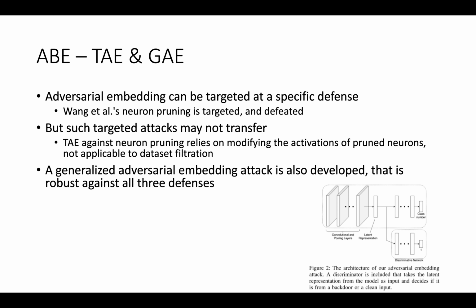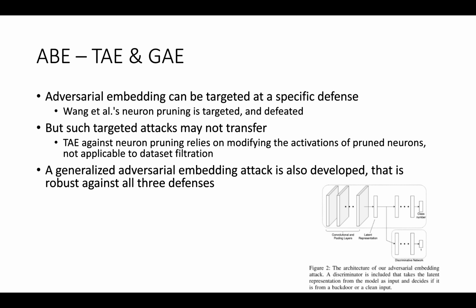We can target it at a specific defense. Later on in this paper, we'll target it at Wang et al.'s neuron pruning defense, and we will quite handily beat it. The way we target it at the neuron pruning defense is that we look at the neurons that are highly activated, that are removed by the neuron pruning defense, and then we try to minimize the difference between backdoored and non-backdoored inputs on those neurons.